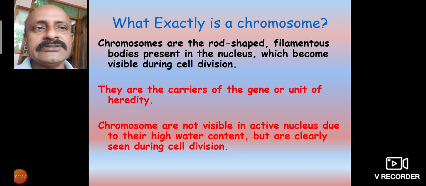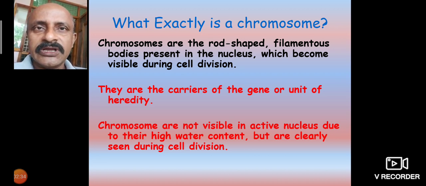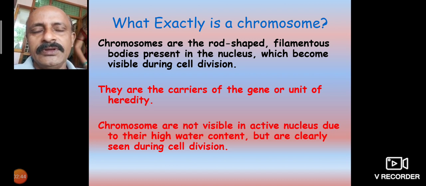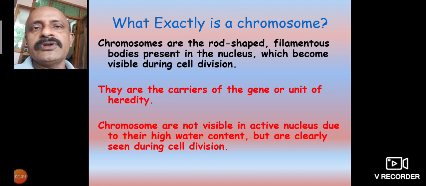They are the carriers of a gene or unit of heredity. So the chromosomes carry the DNA or gene, which determines the inheritance character. The inheritance character means parental, vegetative, and also reproductive characters, which can be carried from generation to generation.